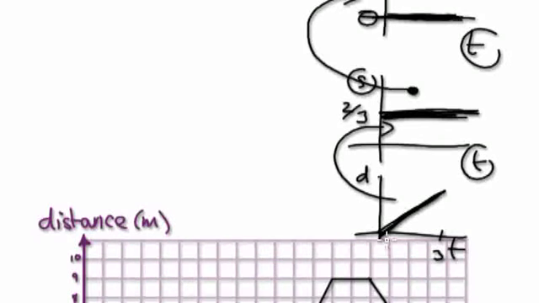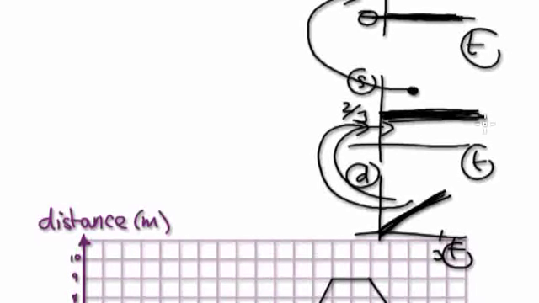When you start with a distance-time graph and it's a straight line, the gradient represents the speed. The speed would be a horizontal line like this.